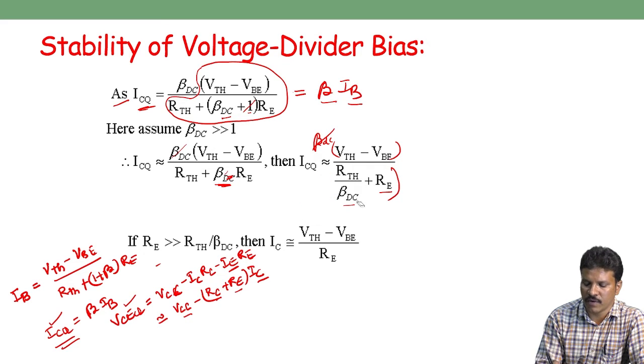You will get the equation ICQ equal to VTH minus VBE divided by (RTH by beta plus RE).